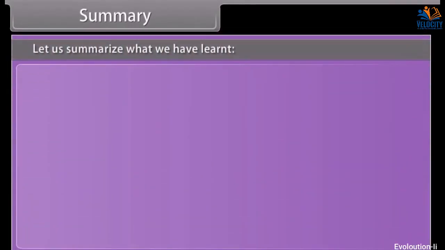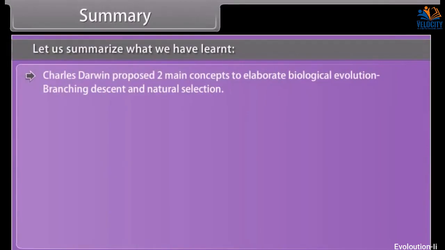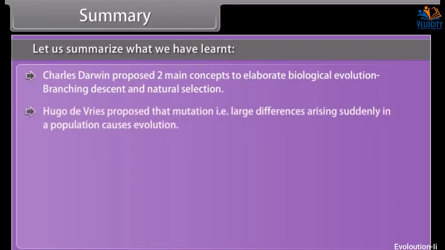Summary. Let us summarize what we have learned. Charles Darwin proposed 2 main concepts of elaborate biological evolution: branching descent and natural selection. Hugo de Vries proposed that mutation, that is, large differences arising suddenly in a population, causes evolution.